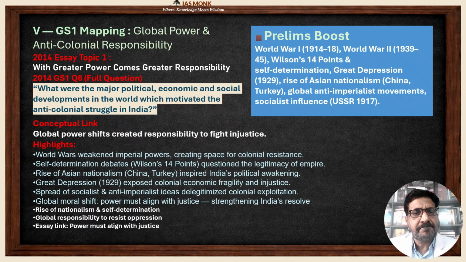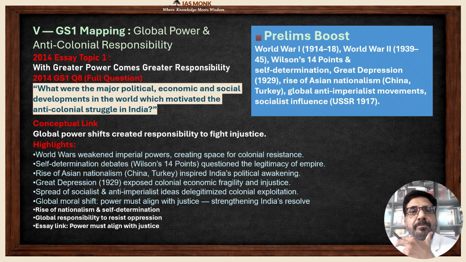Next question. Again, this is question number 8 in the question paper, GS1 main exam. What were the major political, economic, and social developments in the world which motivated the anti-colonial struggle in India? Okay, so again, we can connect this to our essay 1.